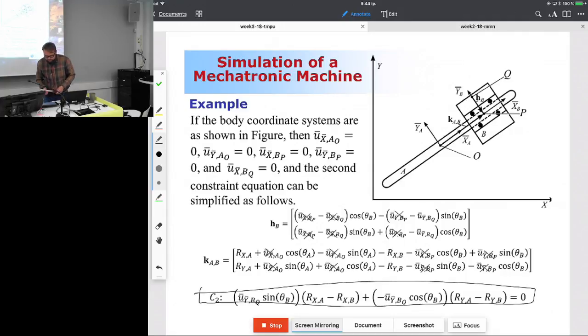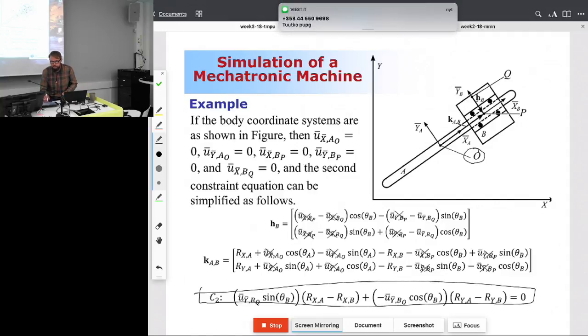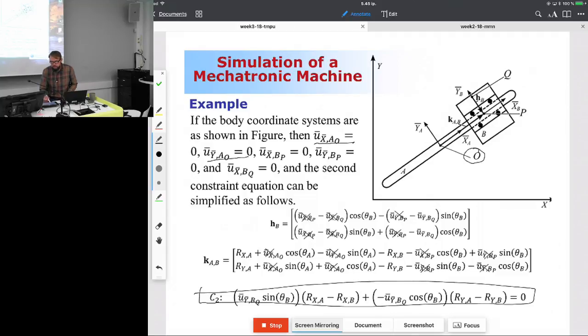So what are the simplifications that I did there? I know that this is actually the origin of the body reference coordinate system, so it allows me to use this substitution. So vector u-bar associated to this point will have 0 values, and P is also located in the center of the body coordinate system, so I can use these values here as well.